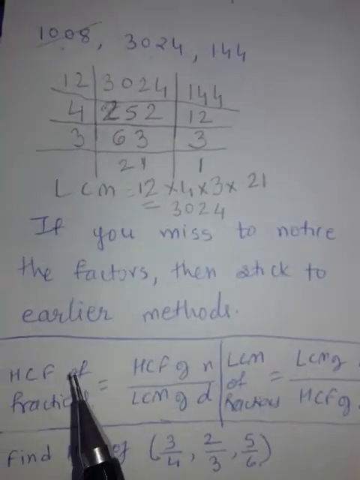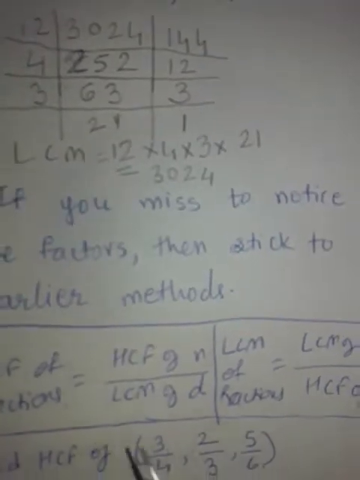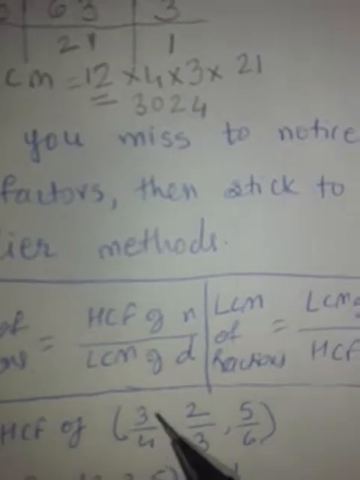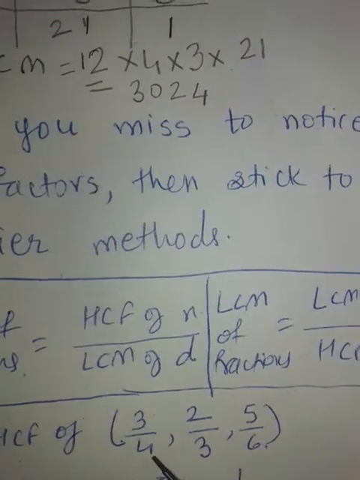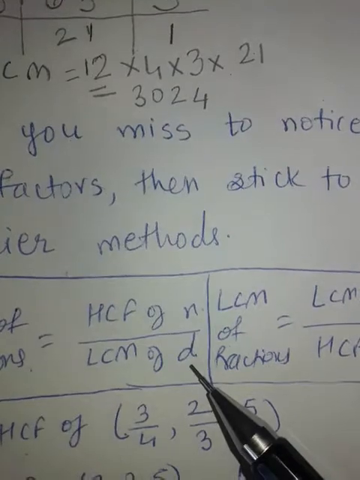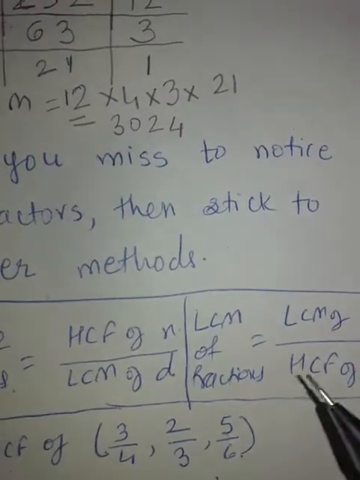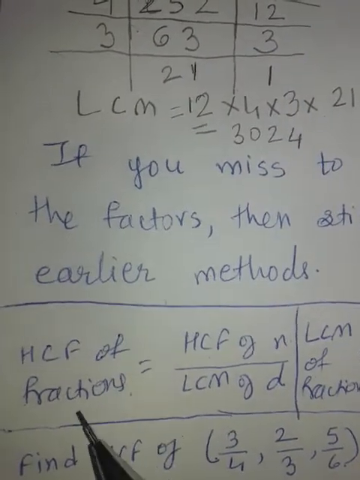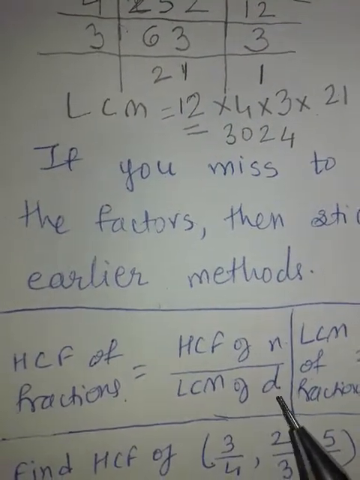Now we are going to HCF of fractions and LCM of fractions. In fractions, I think you know already, 3 upon 4: the number above the line is known as the numerator, hence I have written n, and the number below the line is the denominator, hence I have written d. Here also n and d. HCF of fractions is HCF of numerators upon LCM of denominators.